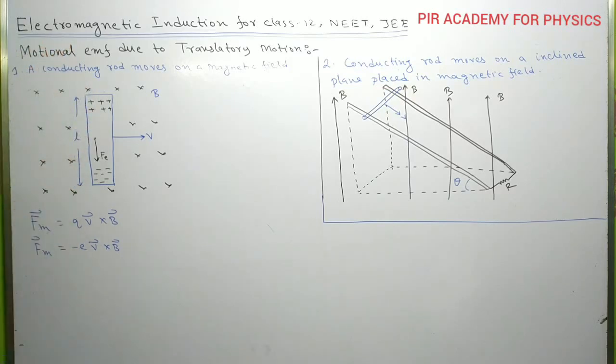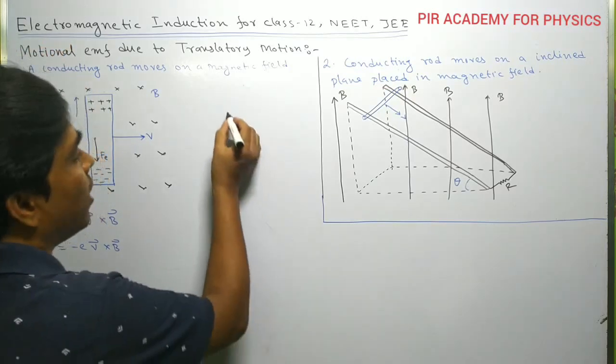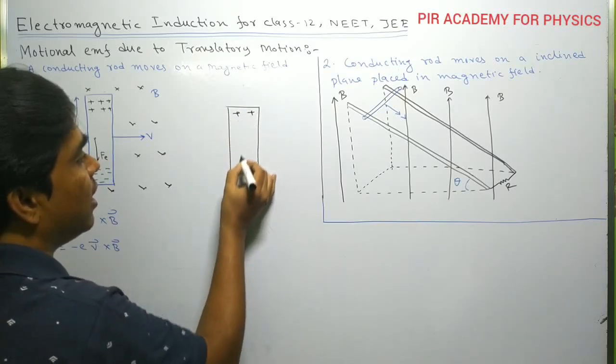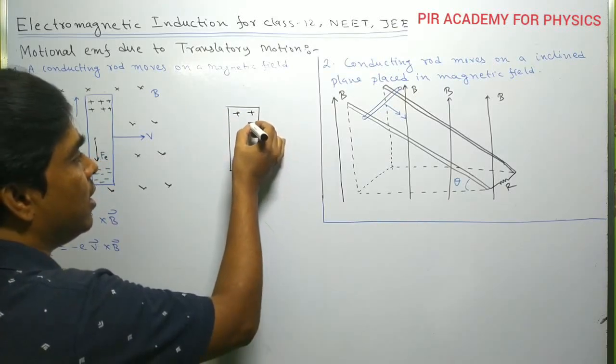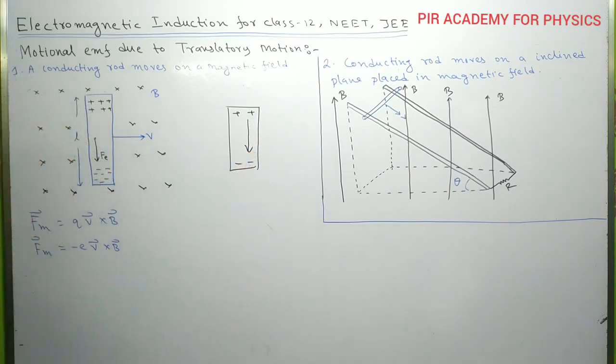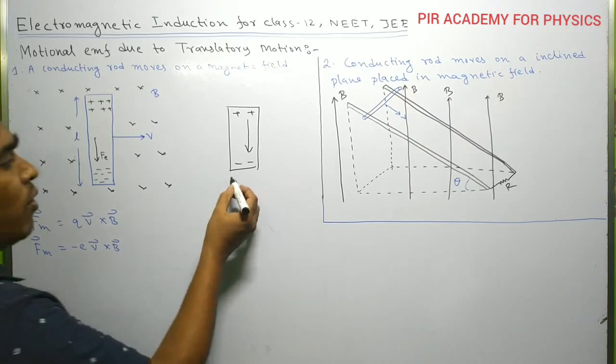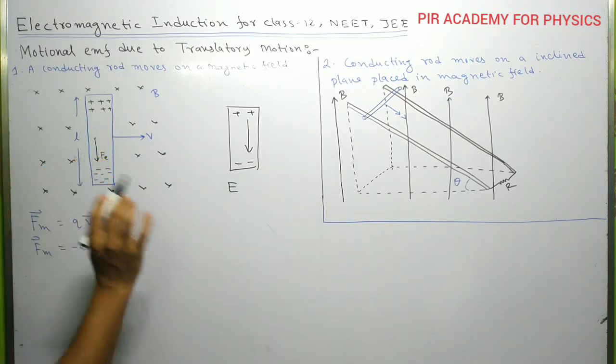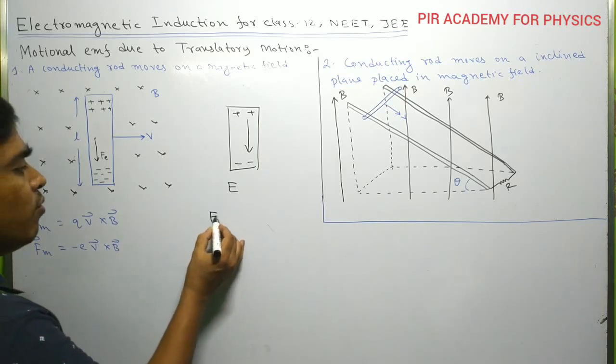So there will be an electric field. If there is a positive charge here and a negative charge here, then there will be an electric field. Due to this electric field, the electron experiences an electric force.